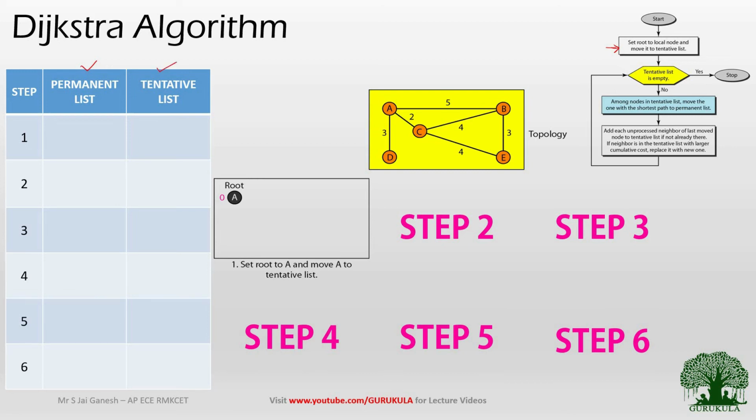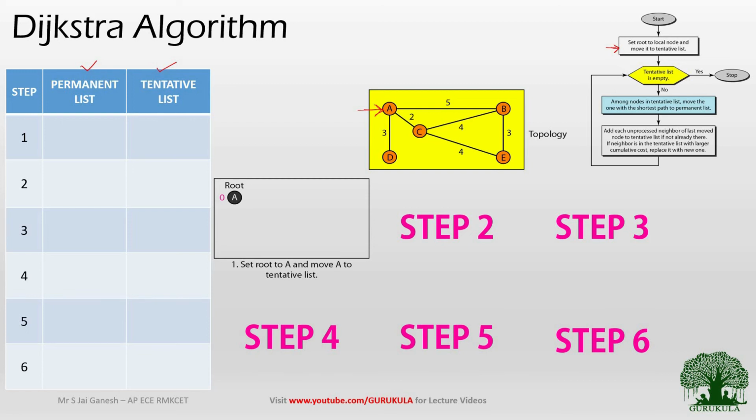As per the flowchart, we first need to set the root node, and I will set A as the root node over here. Now I will try to visit all the other remaining nodes in the network from A, because A is my root node. That is the very first step, and let's see how A creates the shortest path.